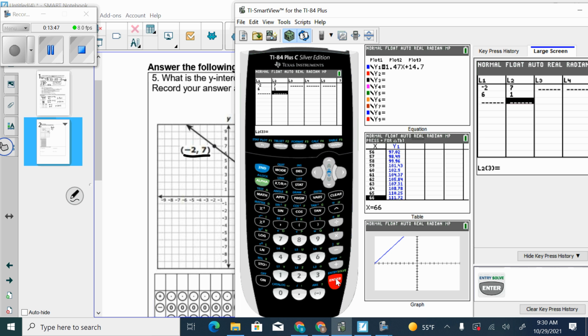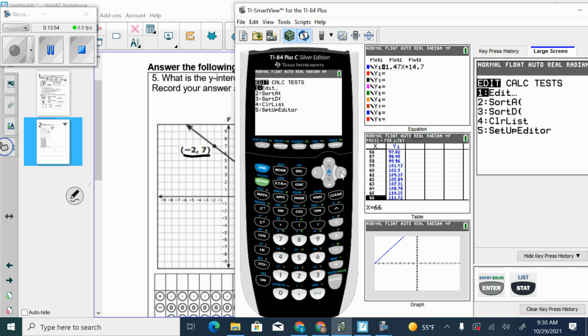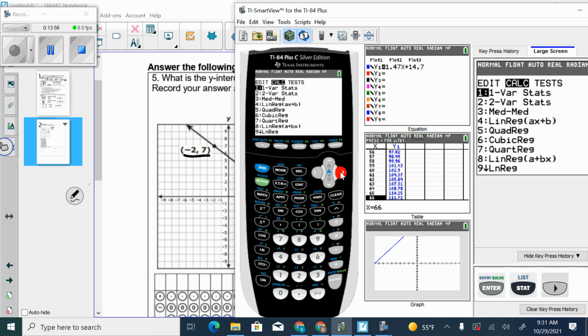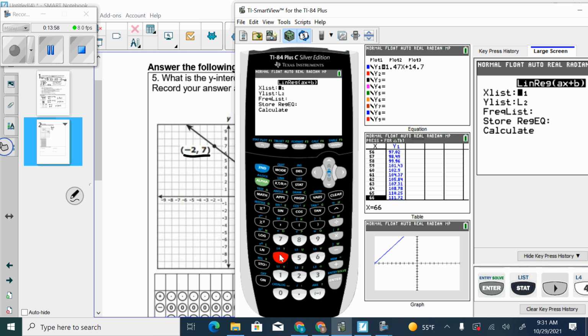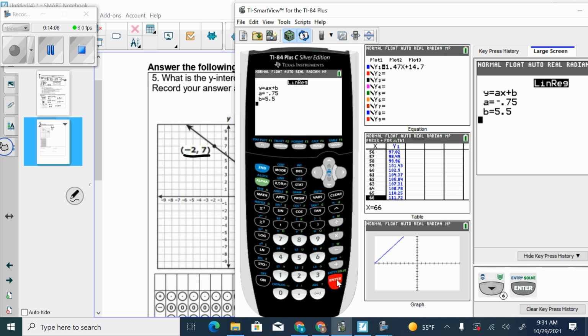Once we have those in there, all we have to do is go over to Stat. This time, highlight Calc and choose number 4. Arrow down to where it says Calculate and press enter. Okay, so we get that our A is -0.75 and our B is 5.5.